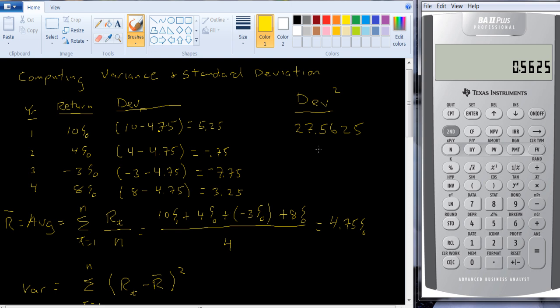That's 0.5625. And then we have negative 7.75, square it, 60.0625. And then 3.25 squared, 10.5625. We're going to add those up.